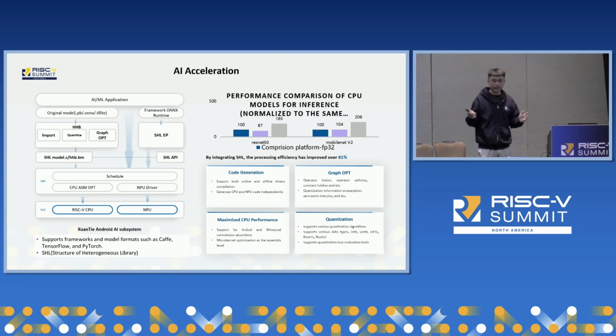Yeah, and the right side is a performance comparison with the CPU models for inference. You would see we use ResNet-50 and MobileNet. And you would find our optimization only could reach the comparison scale, but that does not reach the requirement of productization.